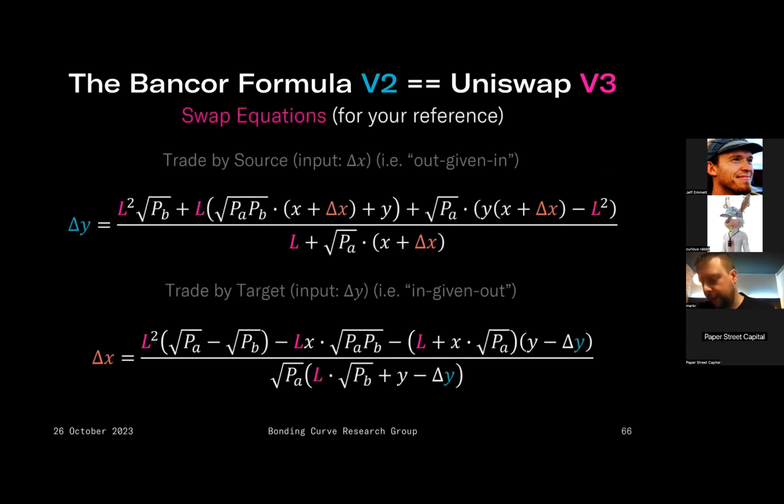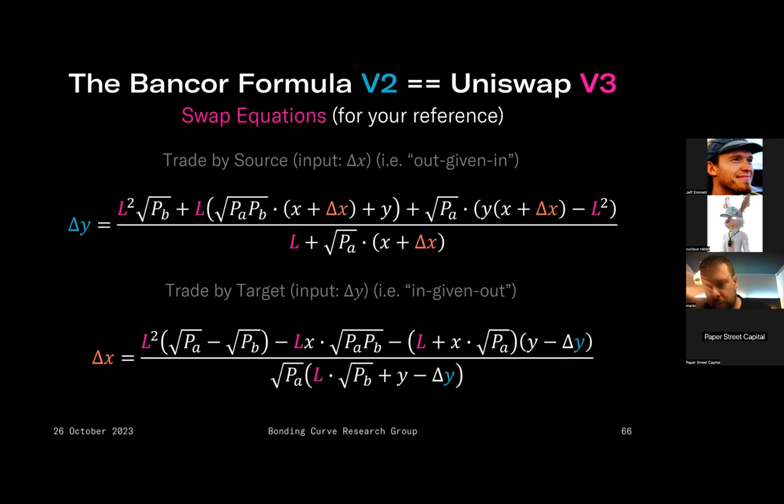One of the things that is a bit odd is that if you try to use something like the Uniswap invariant to define things like a swap equation, you end up with some very difficult, cumbersome equations. Whereas the ones that I've shown you for Bancor V2 were relatively compact.